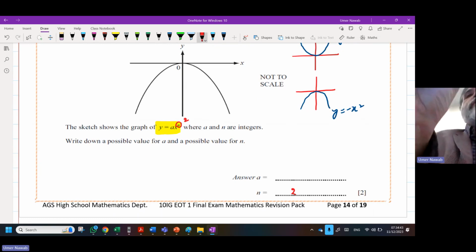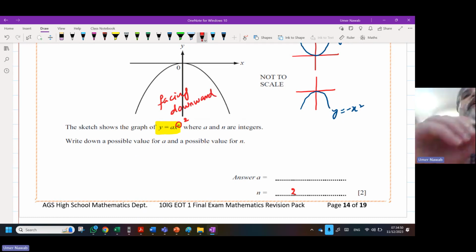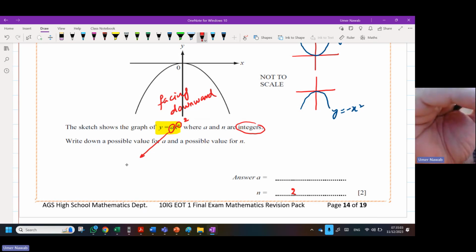Whenever the parabola is facing downward, it means the coefficient of x power 2 should be negative. So a is a negative number. And he mentions a is an integer. So I may call it -1, -2, -3, -4, so on and so forth.